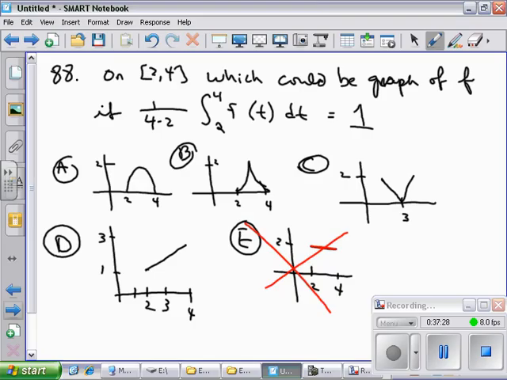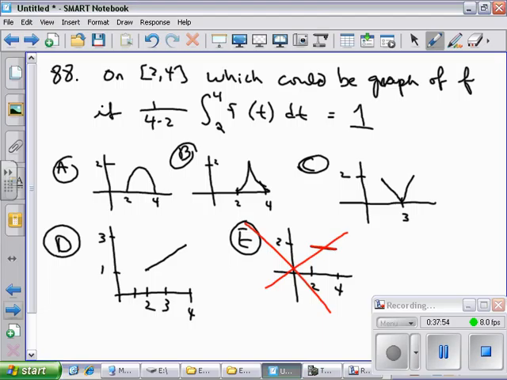No. The antiderivative. Well, the derivative of this b would not exist, but not the antiderivative. No, the derivative of this.